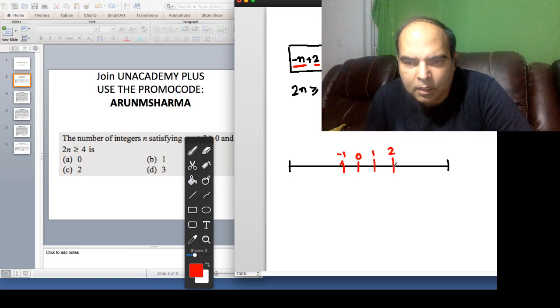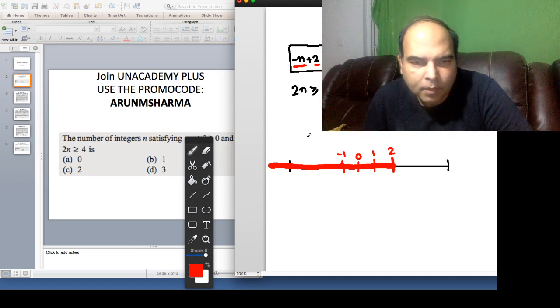Hence you will think about this being the range: to the left of 2, everything is the range for minus n plus 2 being greater than or equal to 0. So this is the range on the number line where this is satisfied.